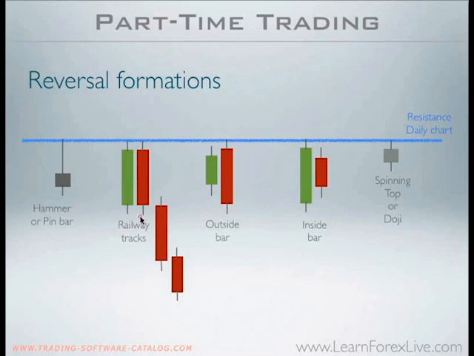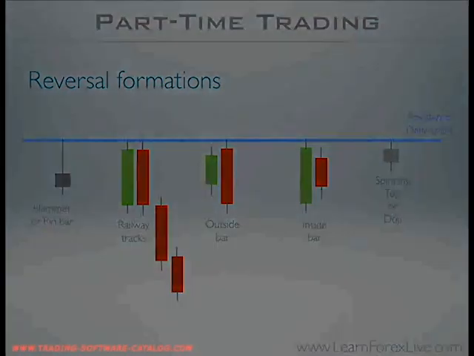Entry just below the low of that red candle, of the second one, maybe 5 pips below. Stop loss, if you are conservative, you place it up there. If you are aggressive, 50% of this second candle and up there. Exit 50% at the close of the trigger bar, which is this one there, and then you leave the second portion of the trade to run to the close of the second bar. Again, pretty much the same thing as with the pin bar.